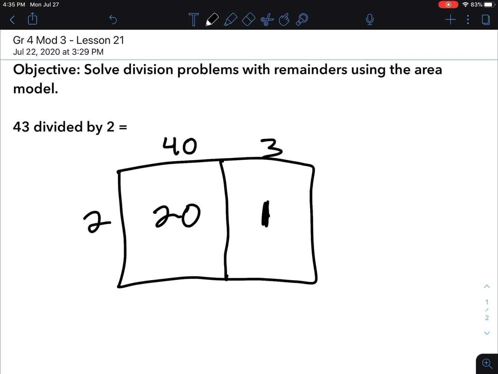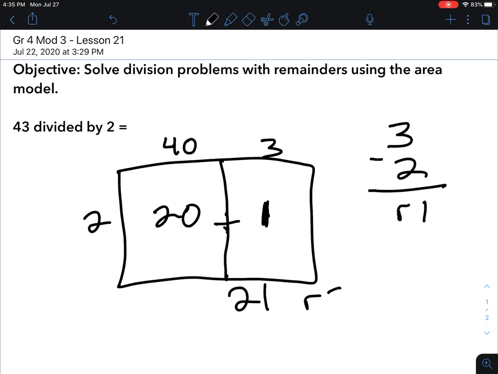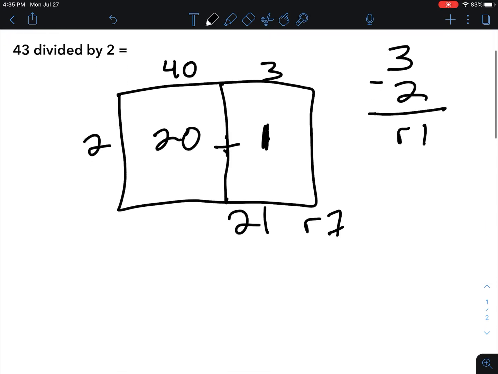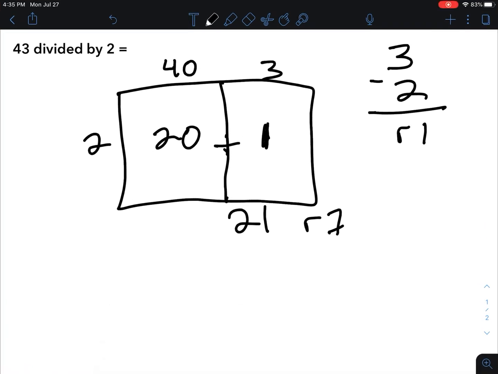So I'm going to ask you, how do I find my remainder? If you said subtract the 2 from the 3, then you were correct. So add those: 21, remainder 1.